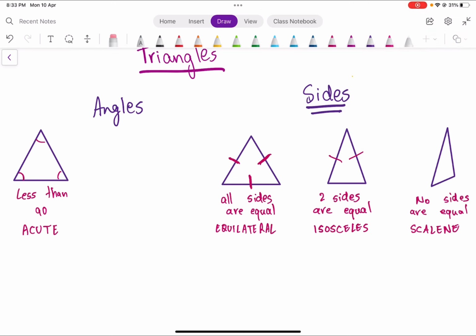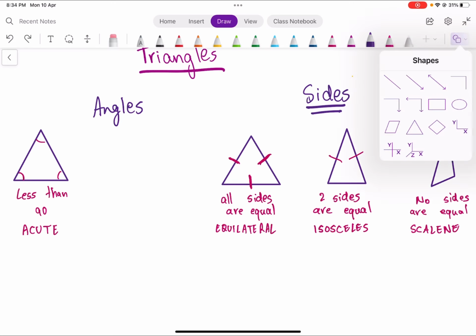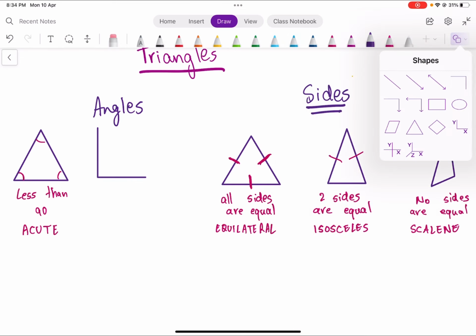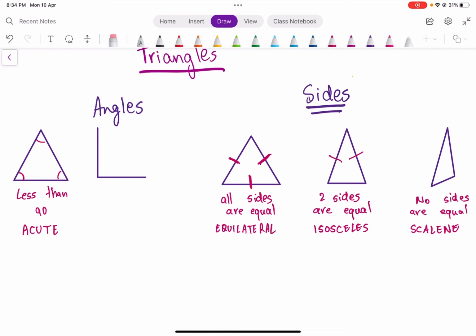Now, the next type of triangle is a right triangle. As it's pretty obvious in its name, it has a right angle in it.